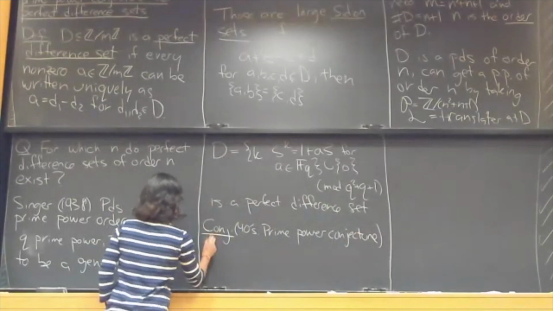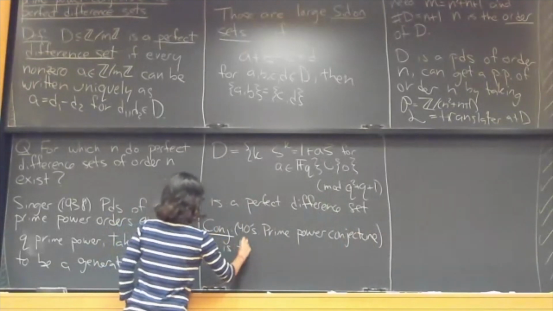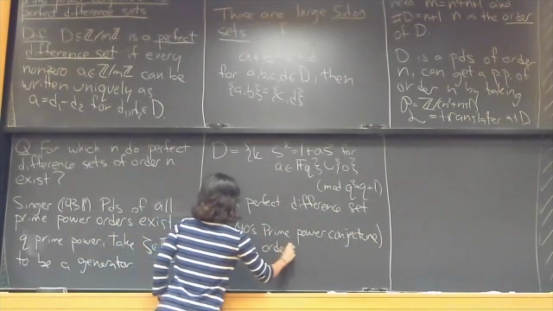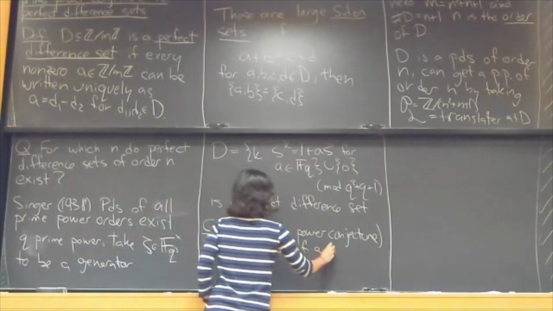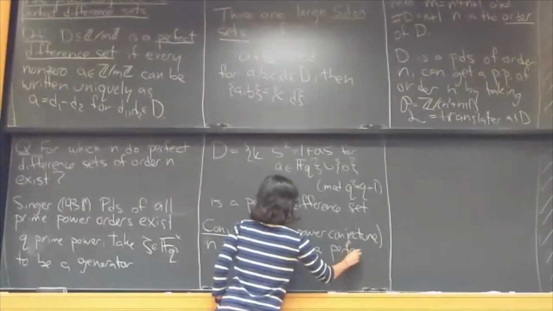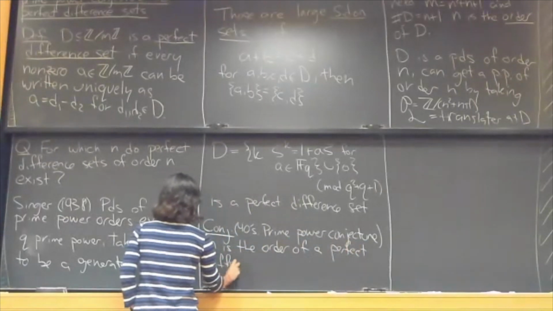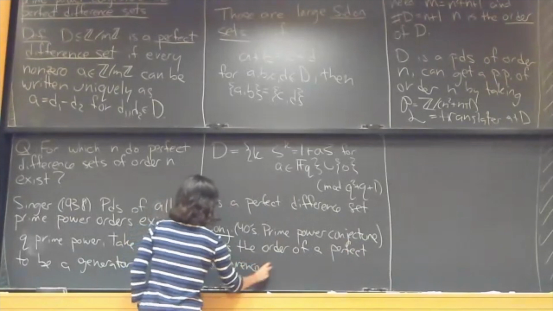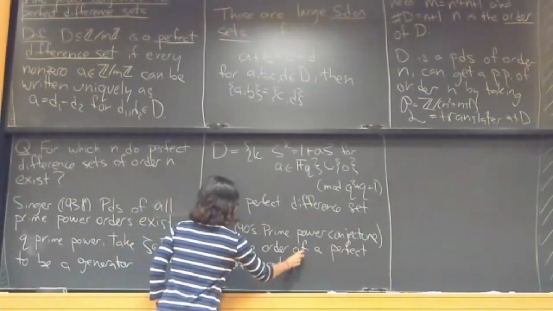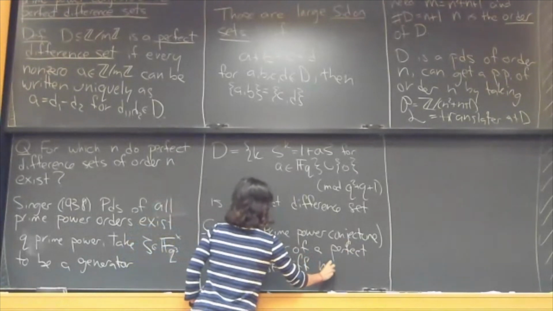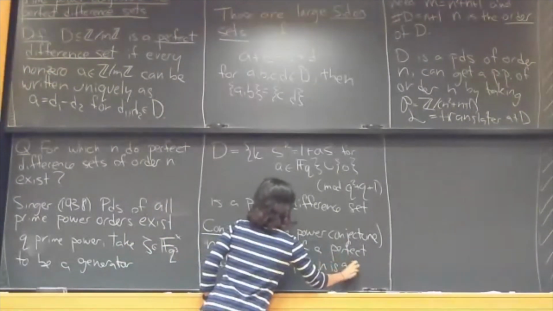So n is the order of a perfect difference set, and n is a prime power.